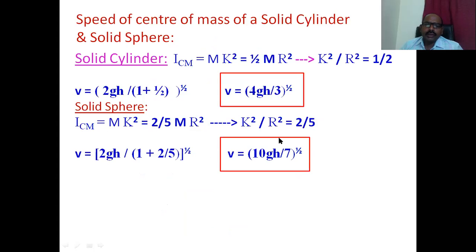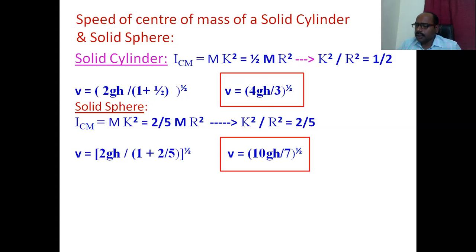Substituting this in the above equation, we get v is equal to (10gh by 7) whole power 1 by 2. In case of a solid cylinder, the moment of inertia about an axis passing through the center of mass is half mr square, and from that we get k square by r square is equal to 1 by 2. Writing this in the above velocity equation, we get v square equal to 4gh by 3.